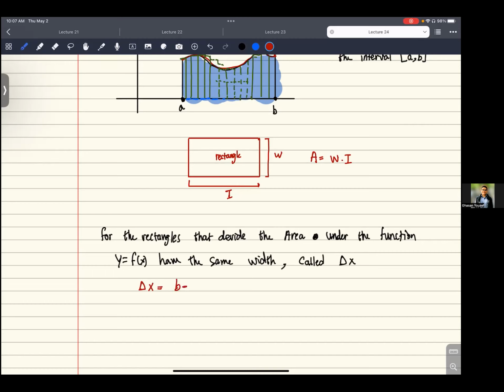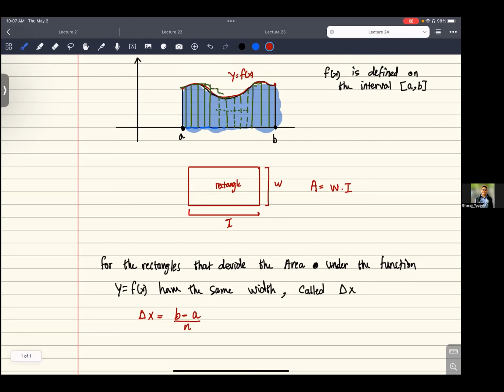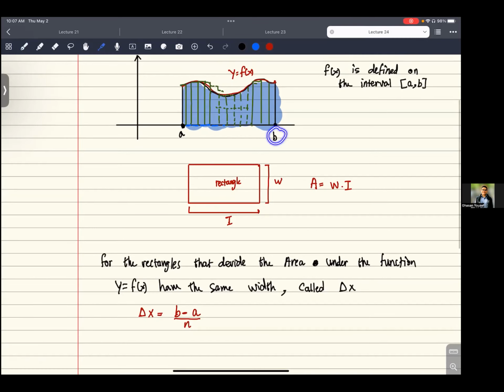is b minus the first point over n. For example, if I need to divide the shape up to 8 rectangles, I can say b, the last endpoint, minus the first endpoint over n, for example, over 8.